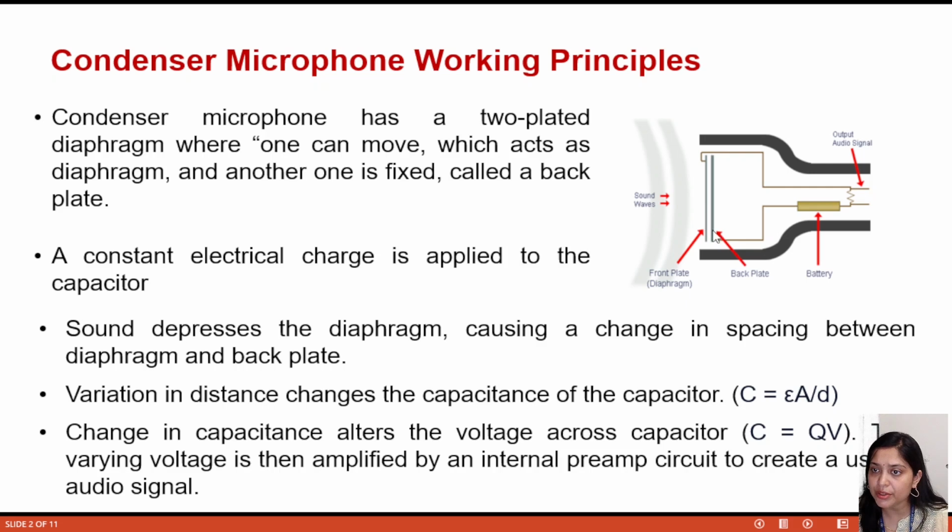Due to this vibration, the distance between these two plates reduces, so the capacitance increases according to this equation. And when the capacitance changes, it also changes the output voltage. So this is the main principle.